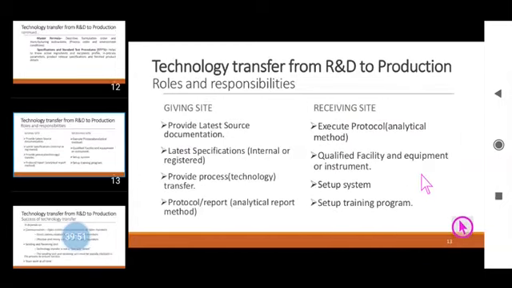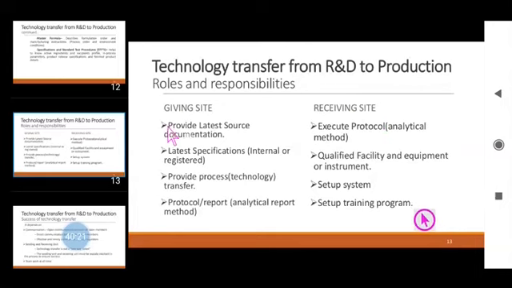Technology transfer from the giving site. Let us see the list of documents by the giving side and list of documents by the receiving side, or the roles of the giving side and roles of the receiving side.